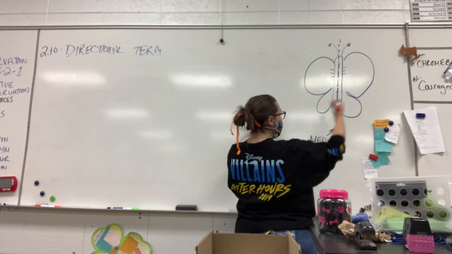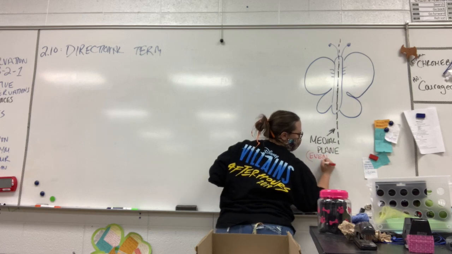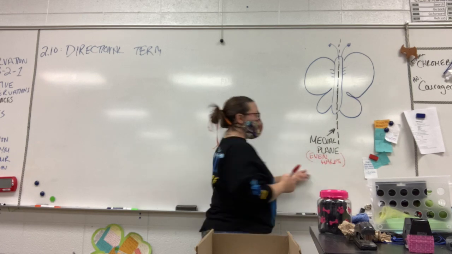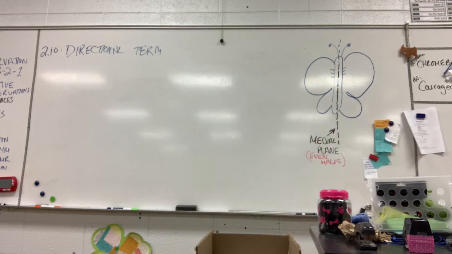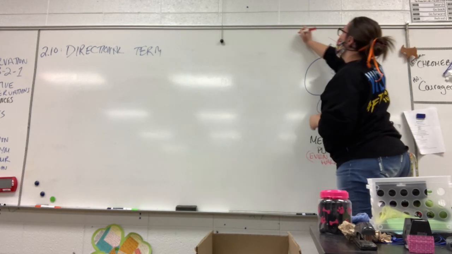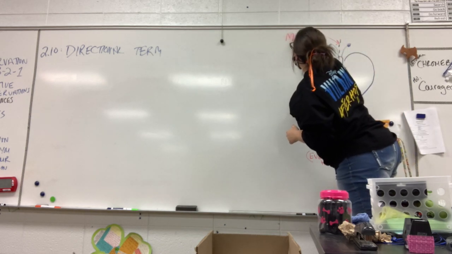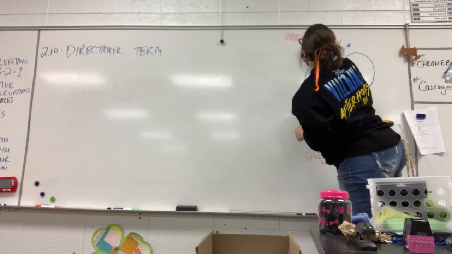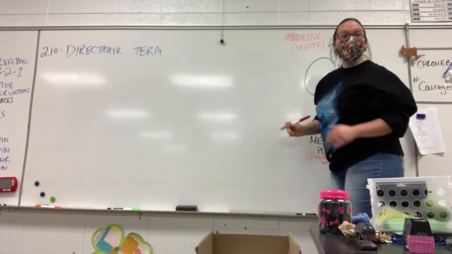So this is the medial plane when I divide, so even halves is a medial plane, and then I have my midline is my center. Okay, so my midline is my center.